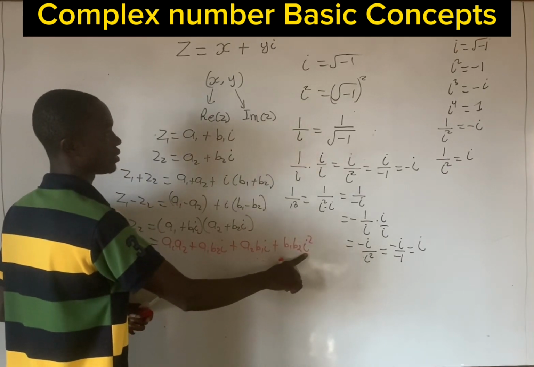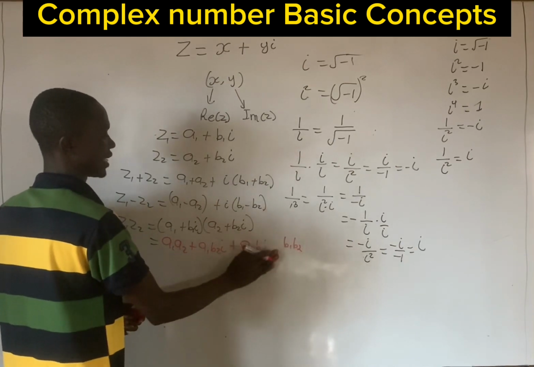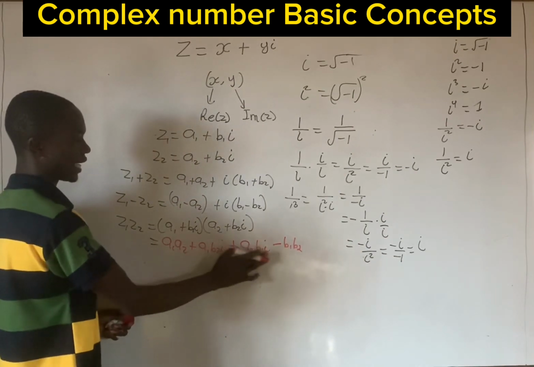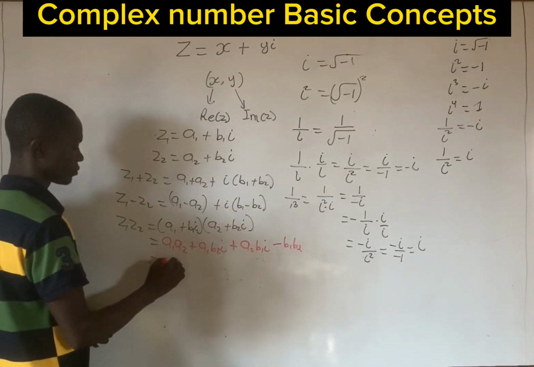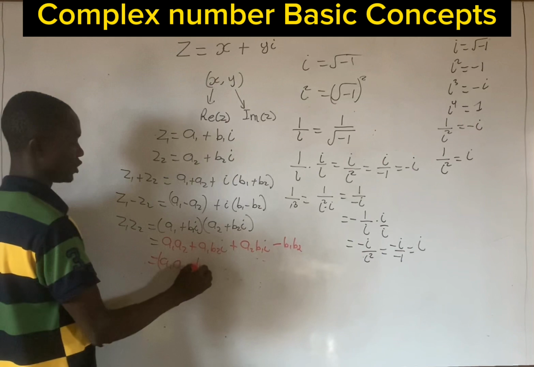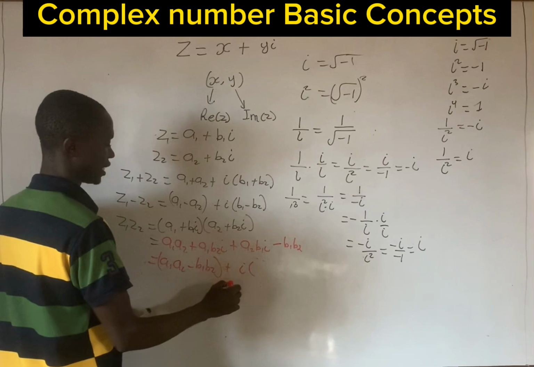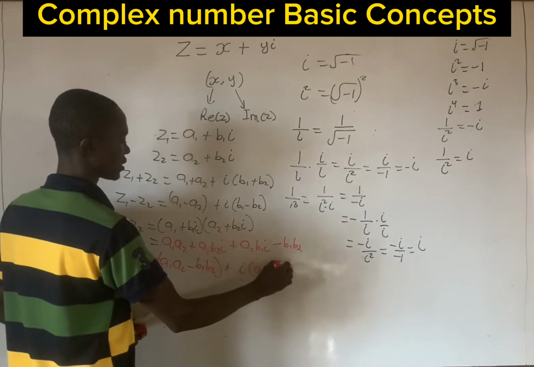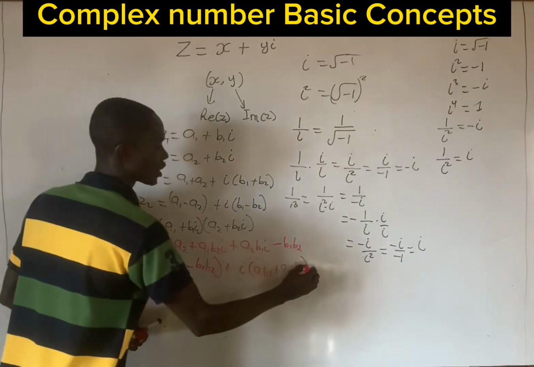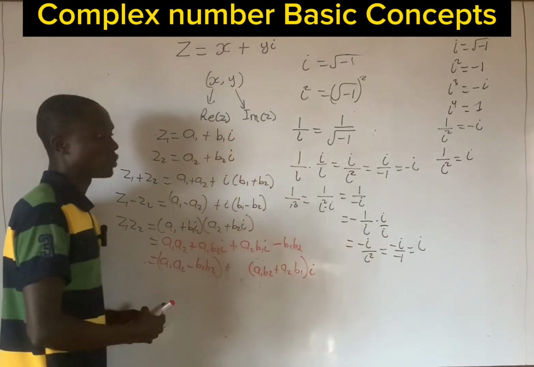But i squared is negative 1. So if we multiply this one by negative 1, it becomes negative. So we group the real parts, the ones that don't contain i. So we have a1a2 minus b1b2, plus i. We bring i out, and then we write a1b2 plus a2b1. Remember, we can put the i here, or we can put the i there. Anyway, it is accepted. So that is how we do multiplication.